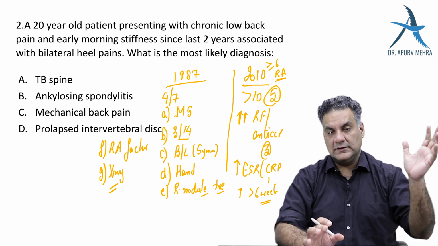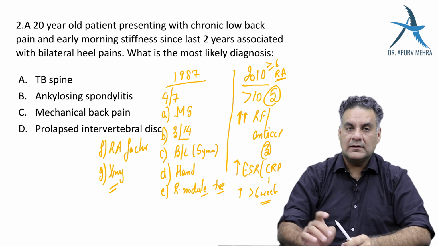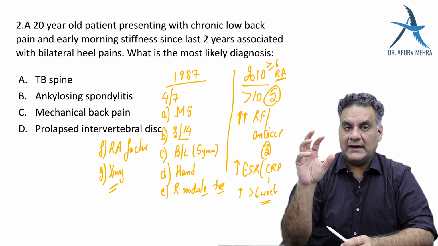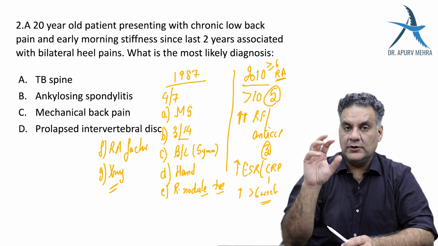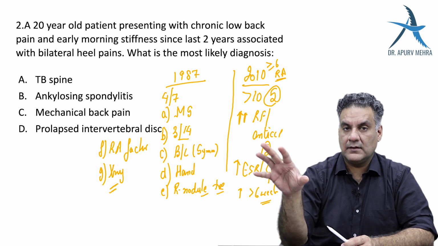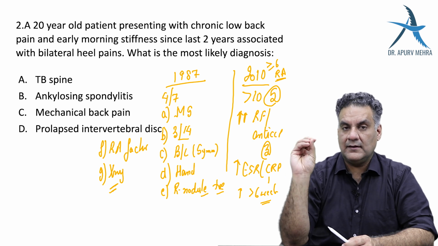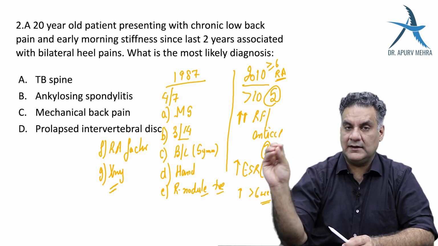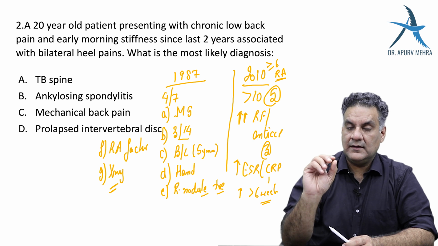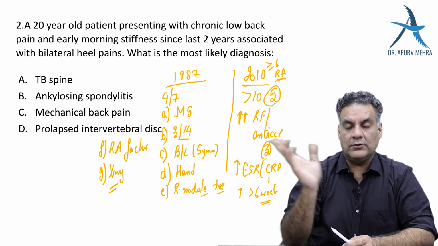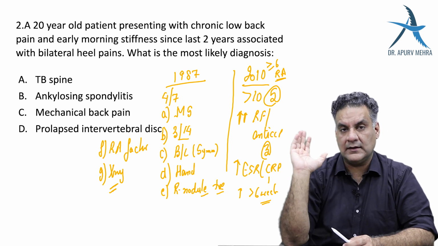If I look at ankylosing spondylitis, classical, young man, low backache, reduced lumbar movements, reduced chest expansion. This is classical of ankylosing spondylitis. If I look at the modified New York criteria, they say essential criteria is radiographic sacroiliitis. They don't mention unilateral or bilateral in the criteria.